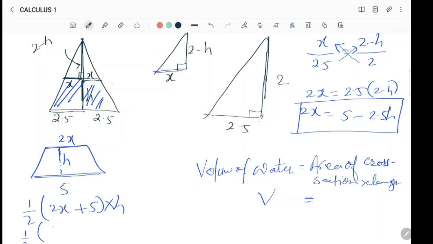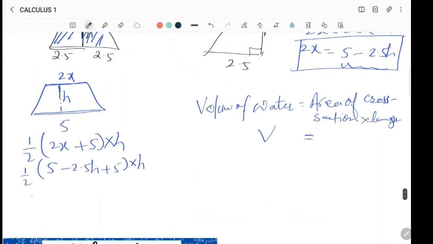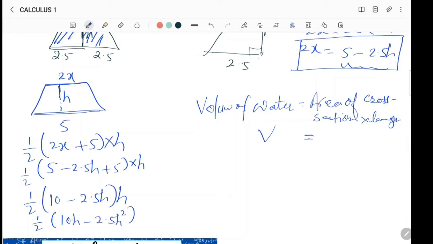So half times 2x, which we can replace from here, 5 minus 2.5h, plus 5, times h. So this is half times 10 minus 2.5h times h, right? Yeah, 5 plus 5 is 10, then 2.5h and h. Now take h inside. So half times 10h minus 2.5h square. Now this is my area of cross section.